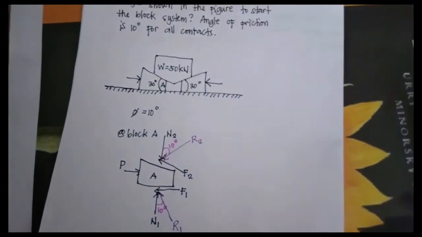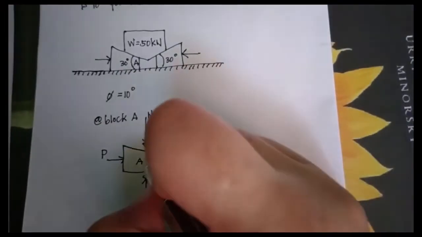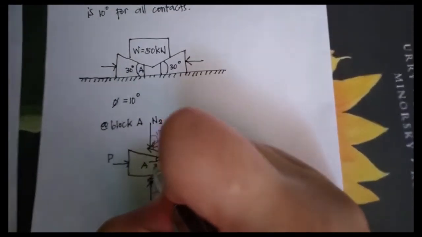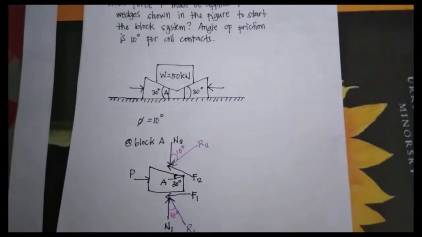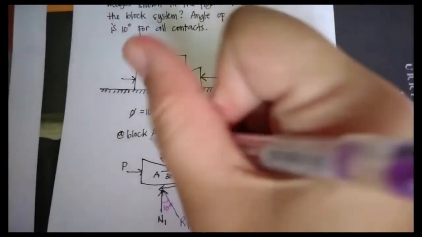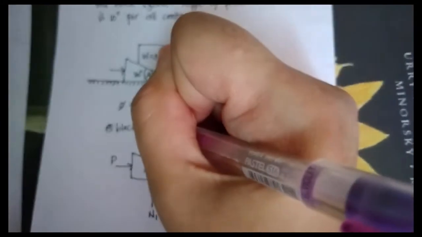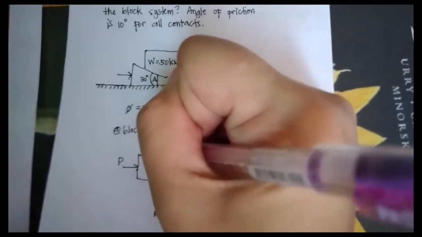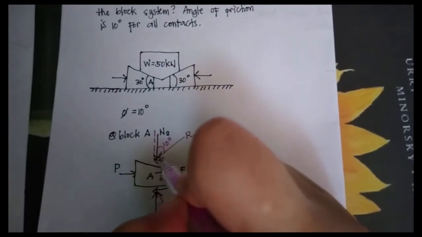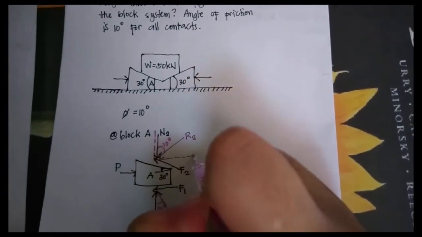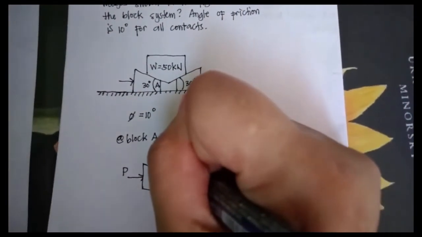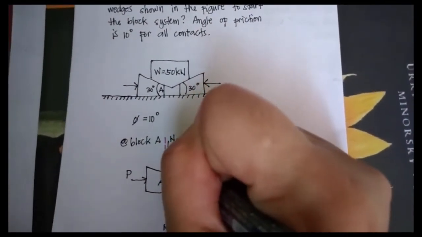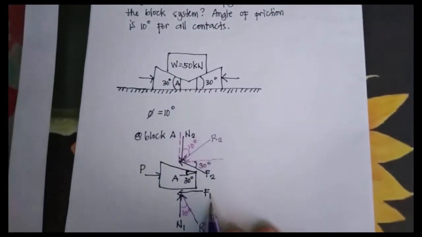Since this inclined plane has an angle of 30 degrees right here, as I draw here a vertical line and a horizontal line, we can have 30 degrees here.